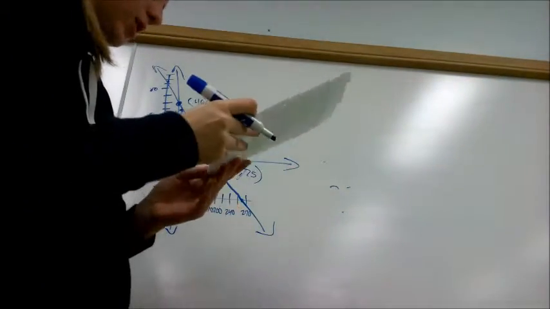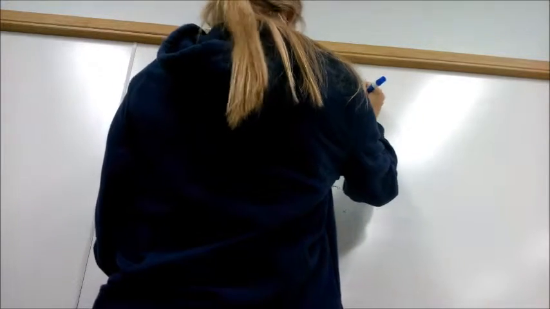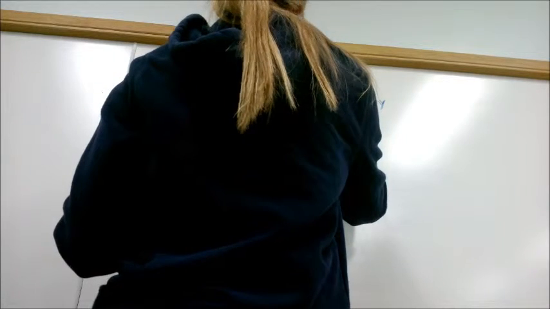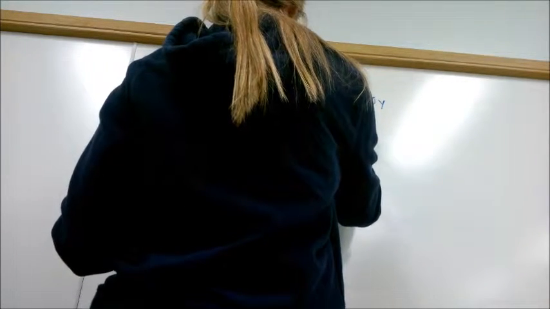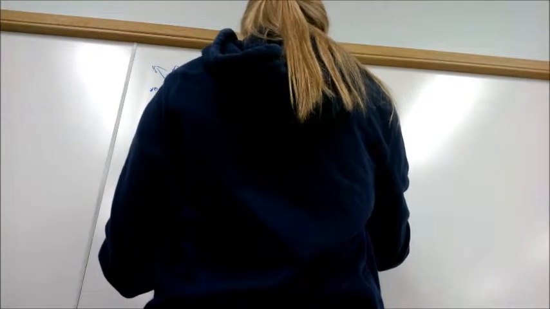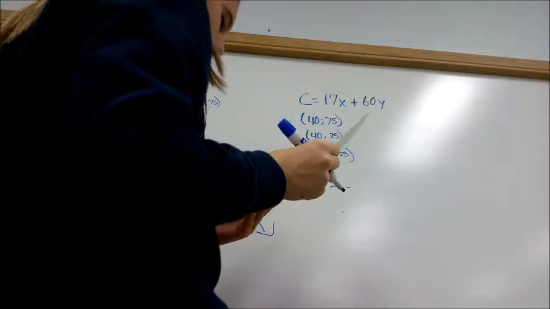So from the beginning, your objective equation is C equals 17x plus 60y. And your 3 points are 40, 75, 40, 25, and 191.6 and 25. You're just going to plug these in and find your minimum and maximum values.